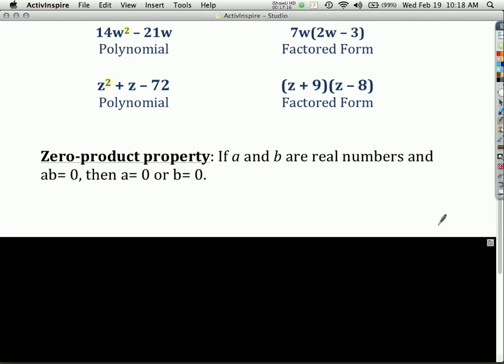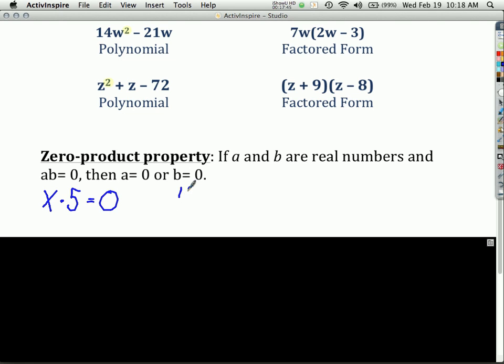So, for example, if I said x times 5 equals 0, what must x be? Anissa? Must be a 0. It's the only possible number that will work. So it works with anything. It could be a fraction, decimal, doesn't really matter.